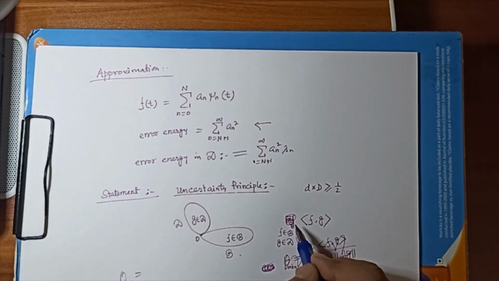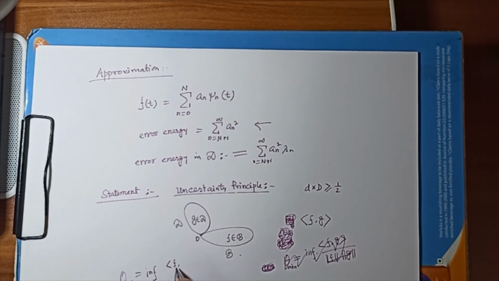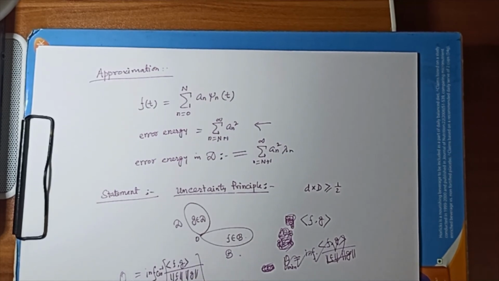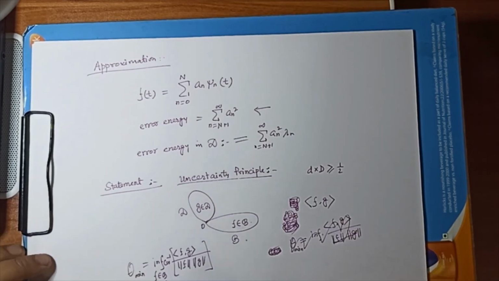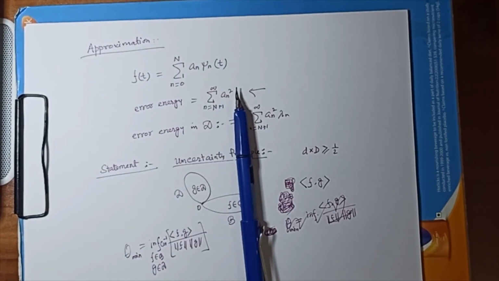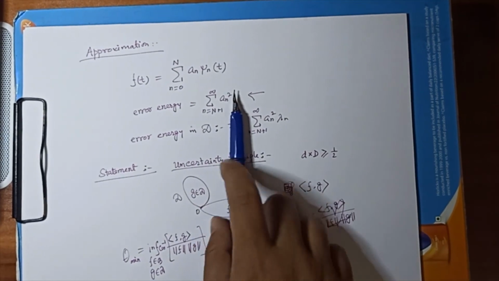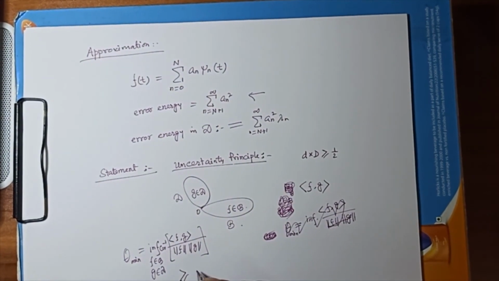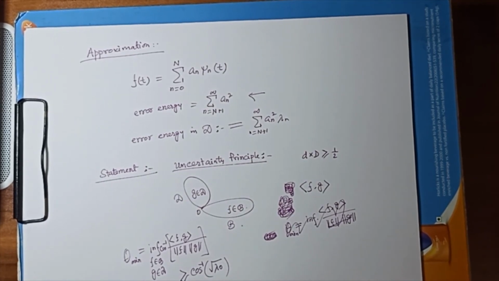So I don't want to find the minimum of the inner product. I want to find the inf for all F in B and all G in D of the inner product of F and G divided by the norm of F and norm of G, and then take cos inverse of that. It has been observed that it is related to the first eigenvalue lambda 0. So this minimum value is greater than or equal to cos inverse of root over lambda 0. There is a nice proof of this particular statement.